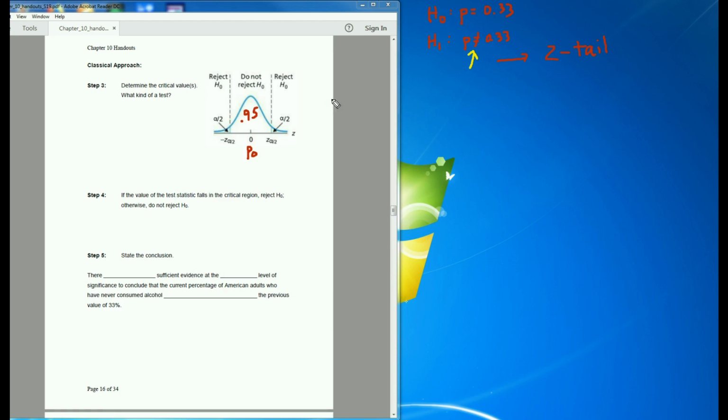We divide that alpha of 0.05 in half, so both tails have 0.025 area in them. This is exactly the case that we had already looked up a couple pages ago. So we already know that this critical value is negative 1.96, and this critical value is positive 1.96.